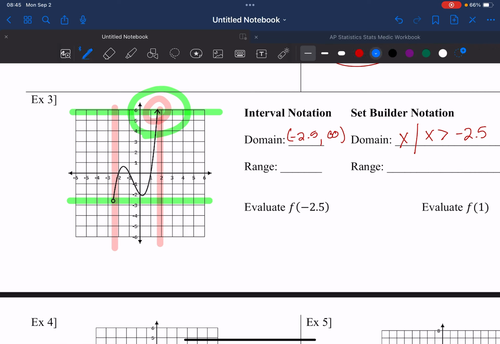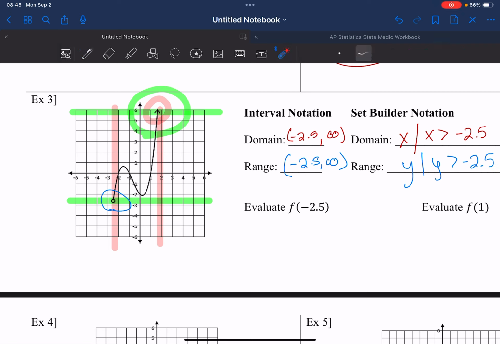So I'm going to write -2.5 to infinity. And since, again, there is that open circle there, it's going to be parentheses for both. So this is saying all numbers bigger than -2.5, so y such that y is greater than -2.5.